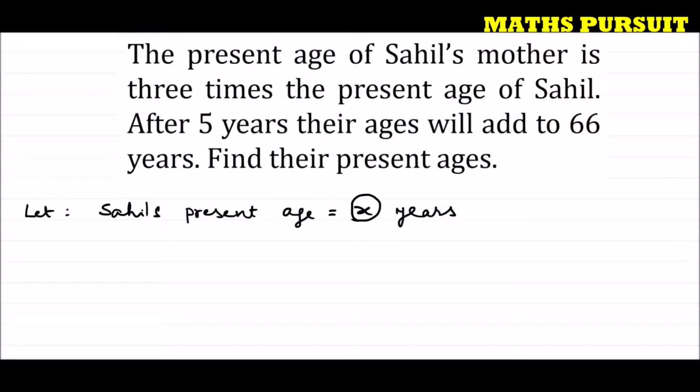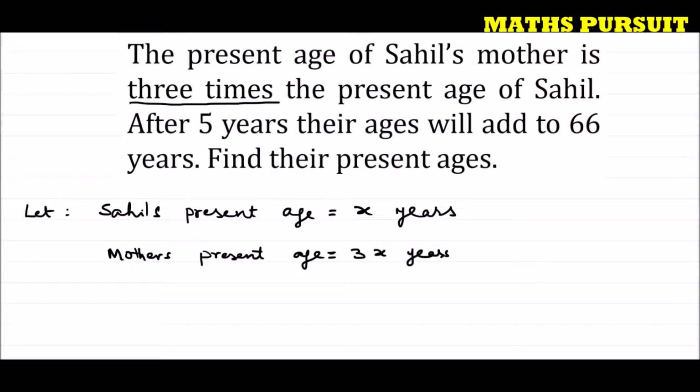Now Sahil's mother's present age, I can write, is equal to 3x. Why 3x? Because the question is telling us Sahil's mother's age is 3 times the present age of Sahil.